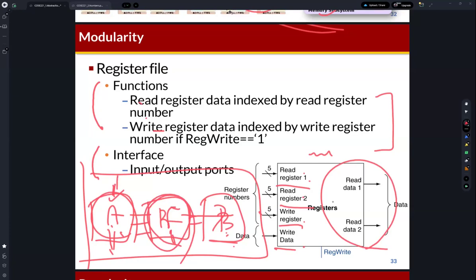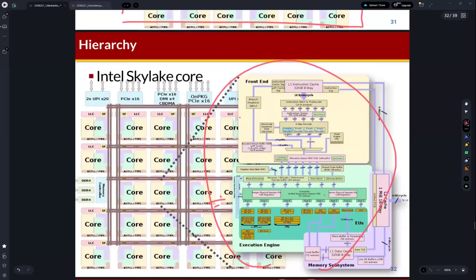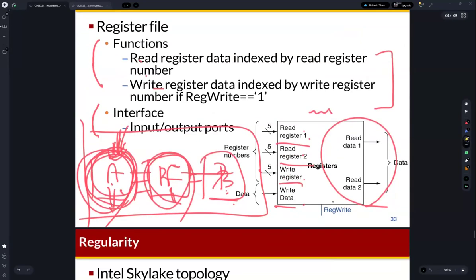Because he or she is focusing on designing this module, but he or she needs to understand this part, because signals from this module A are connected to the register file. So he or she needs to understand the interface to the register file.